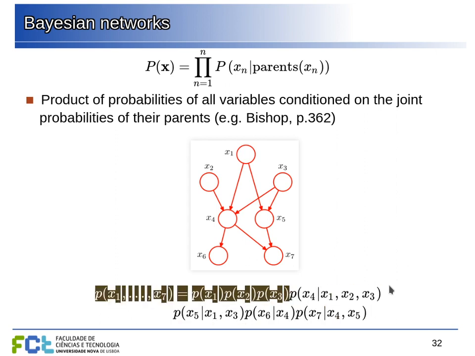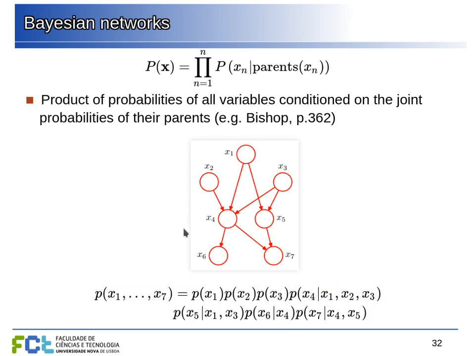So x4 has this conditional probability based on the others, and so forth. x5, x6, x7, they all have their parents here in their conditional probabilities. And since this is an acyclic graph, we can do this iteratively if we have, for example, observations for determining the probability distributions and so on, and then compute the actual values.